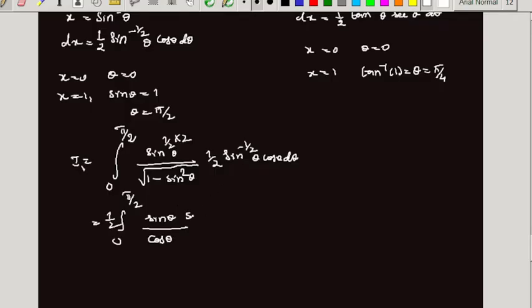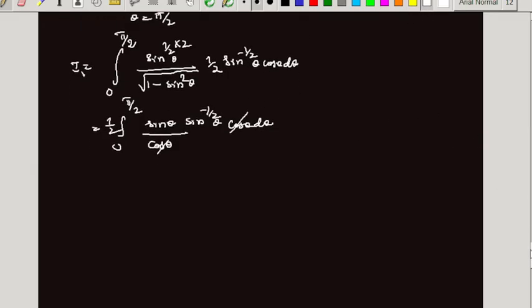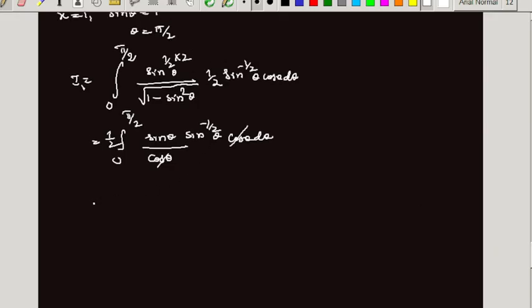Here sin power minus 1 by 2 is there into cos theta into d theta. So cos theta get cancelled. If we simplify further, this one we can write as 1 by 2 integration 0 to pi by 2, sin power 1 by 2 theta into d theta.